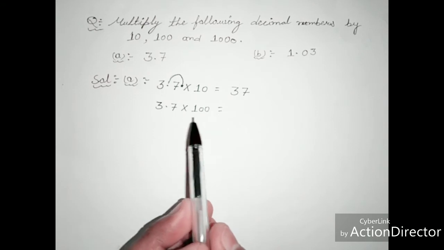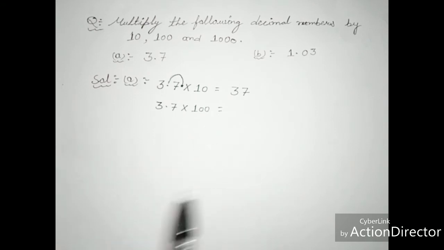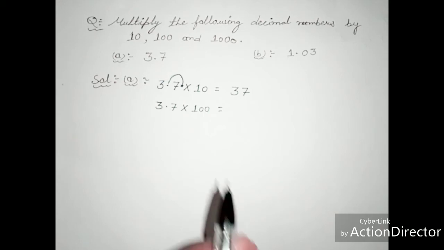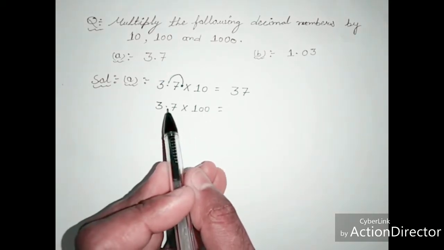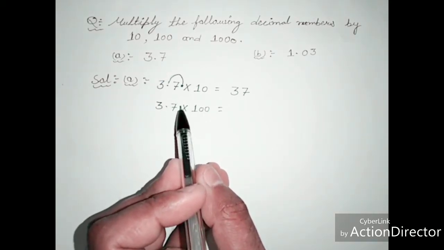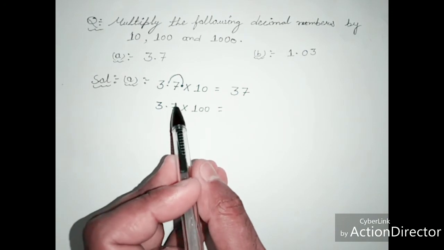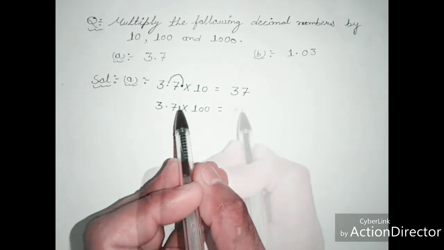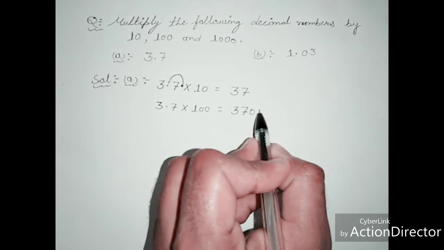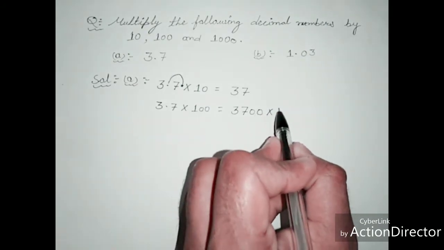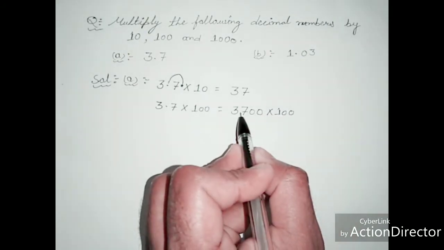Here 3.7 multiplied by 100. We all know that if we multiply any decimal number by 100, the decimal shifts to the right-hand side in two places. So here this decimal shifts to the right-hand side in two places, one, and we add 0 here, 3700, we add 2 zeros here and then multiply by 100.